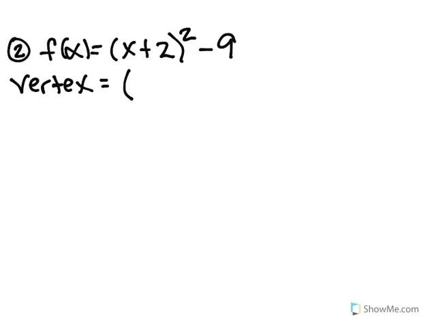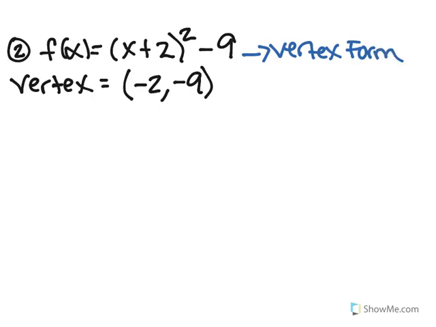The x-coordinate is the opposite of what's in the parentheses, so that's negative 2. And my y-coordinate is whatever number's on the outside. This form, and I want to make sure I say that, is your vertex form, because you can easily tell me the vertex by looking at it. So we know this is going to start at (-2, -9).